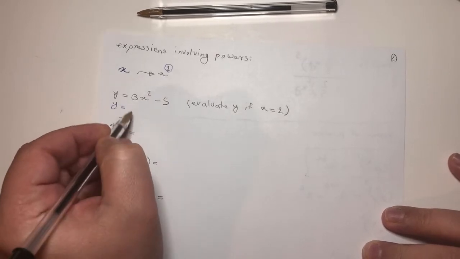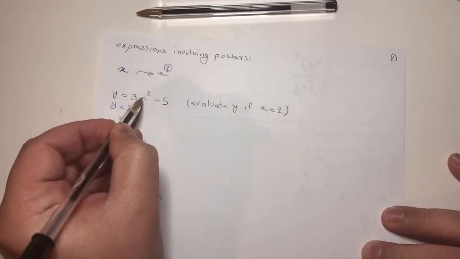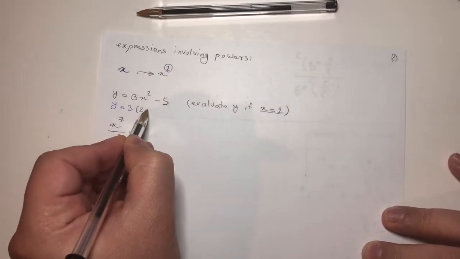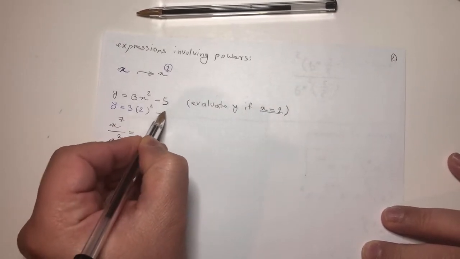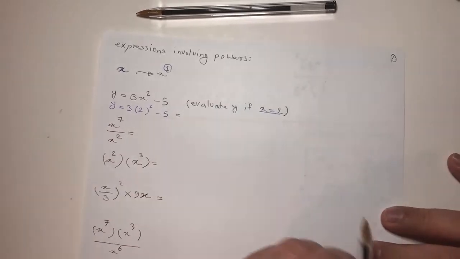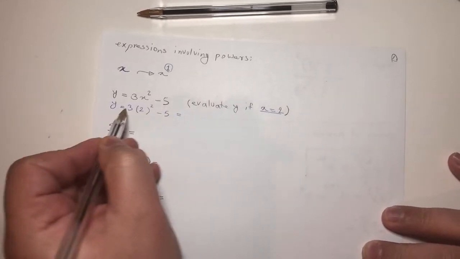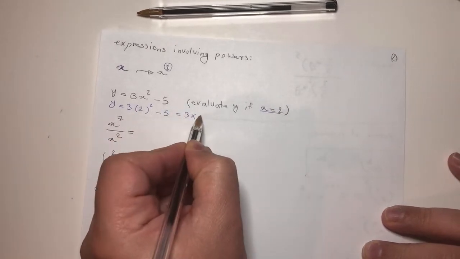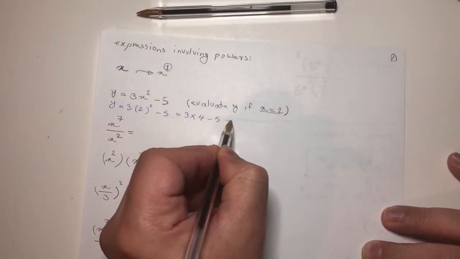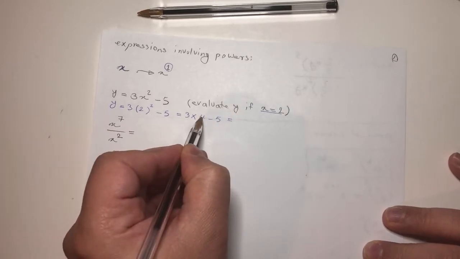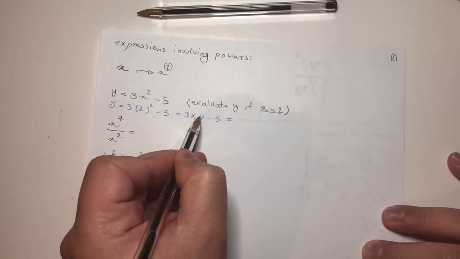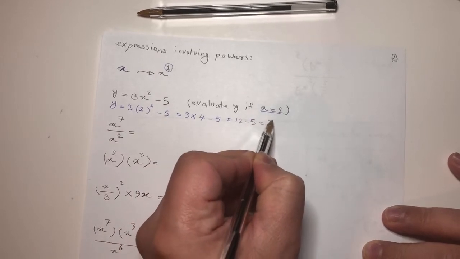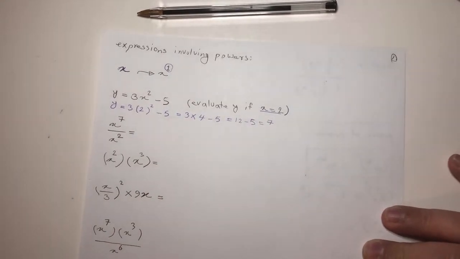So y equals 3. Instead of x, we put 2, right? 2 to the power of 2 minus 5. It equals 3 by 2 to the power of 2, which is 4, minus 5. It means 12 minus 5, which is 7. Okay?